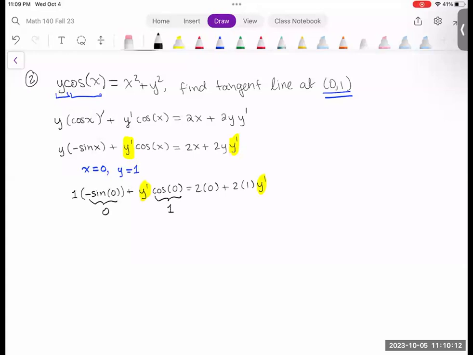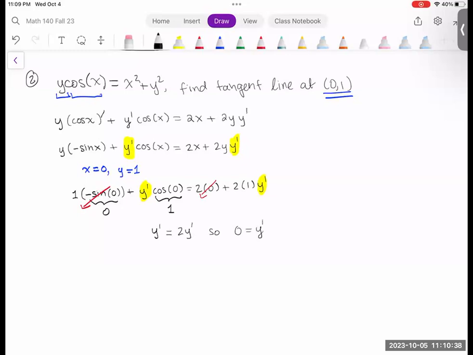So our first term just goes away because it's 1 times 0. 2 times 0 goes away. And we're left with y prime equals 2y prime. So solving for y prime, we have that 0 equals y prime.